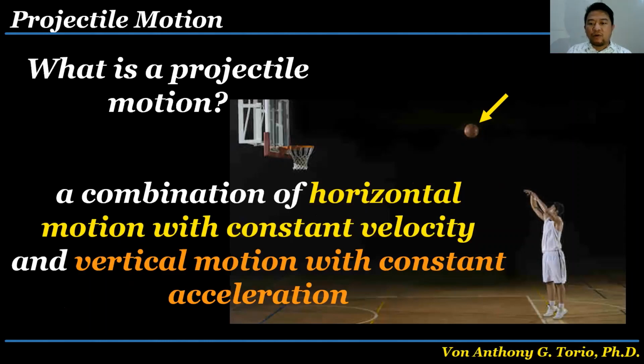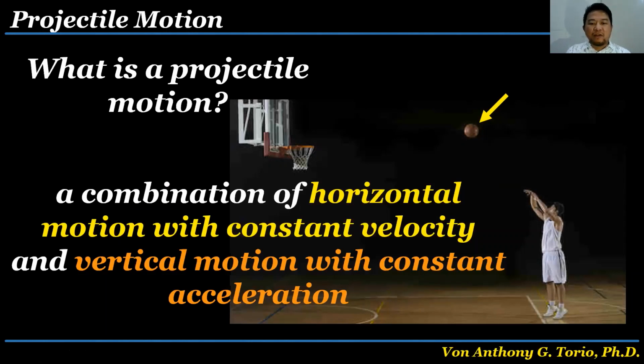Essentially, when you throw a ball, its motion is a combination of horizontal and vertical motion. Its horizontal motion has constant velocity, and its vertical motion has constant acceleration.